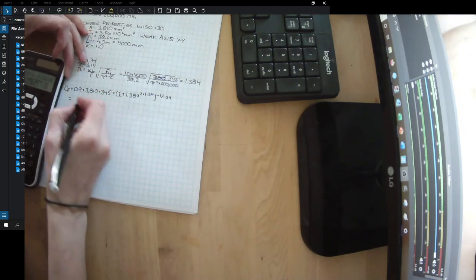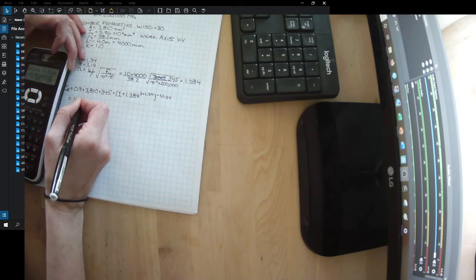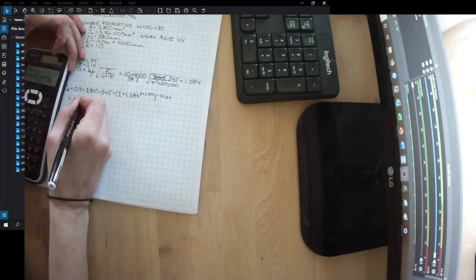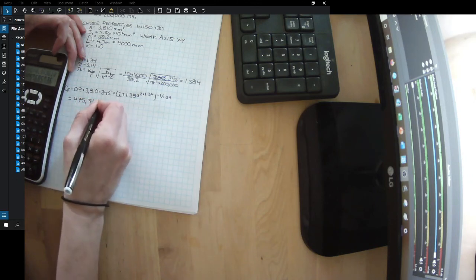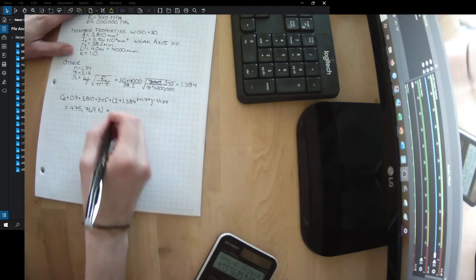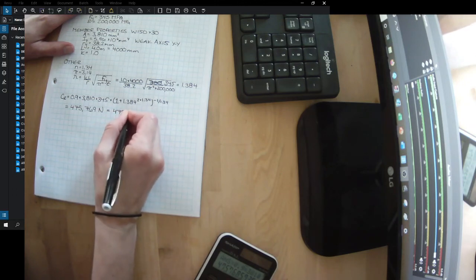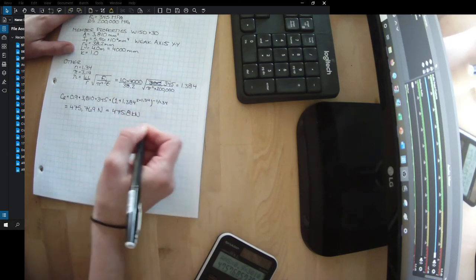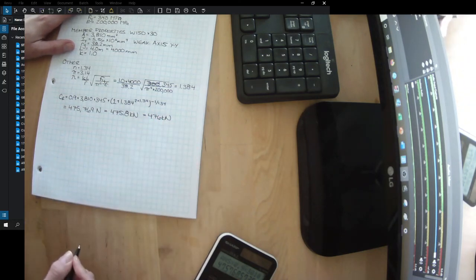And we get 475,769 newtons. Again, once we're talking about force, we like to put it into kilonewtons, or 408 kilonewtons. We could probably just say 476 kilonewtons would be pretty darn accurate. We could round it up to that if we like.